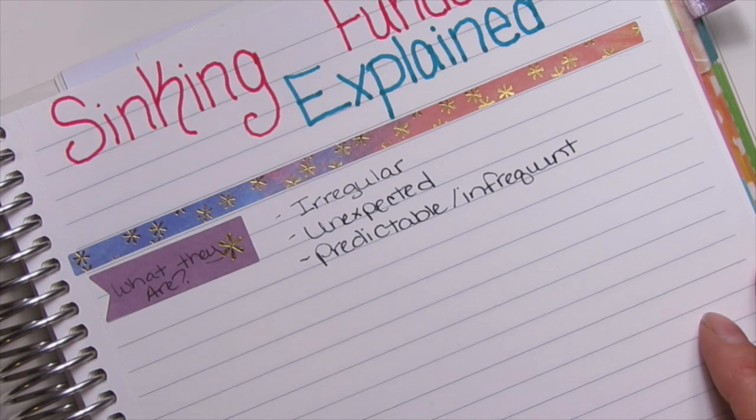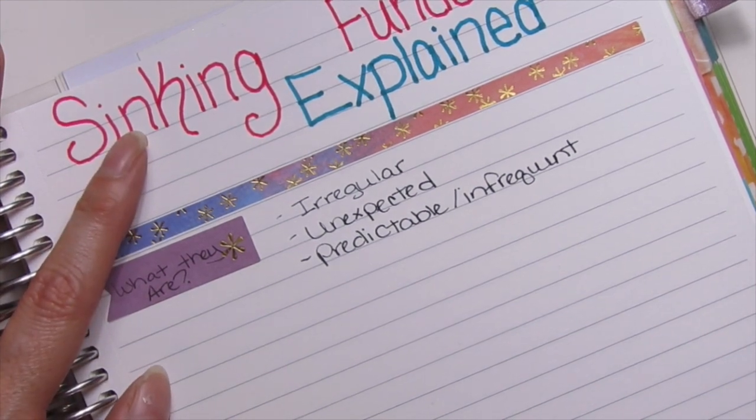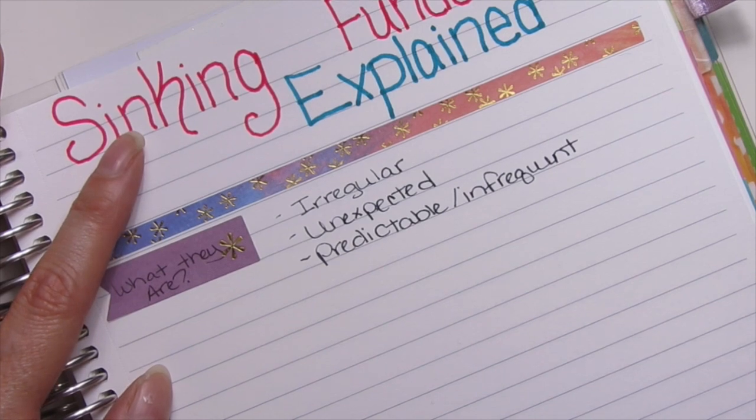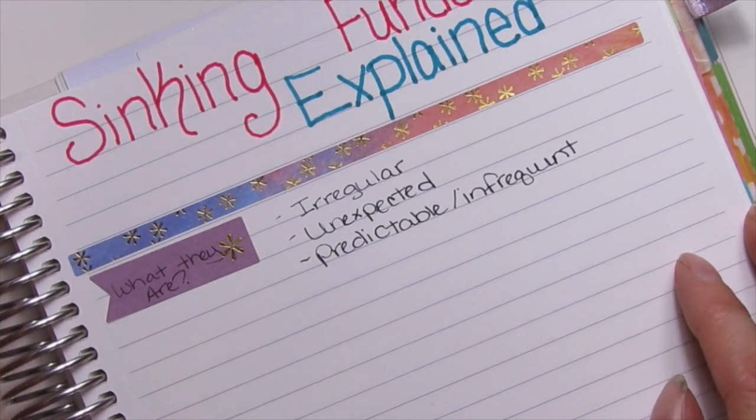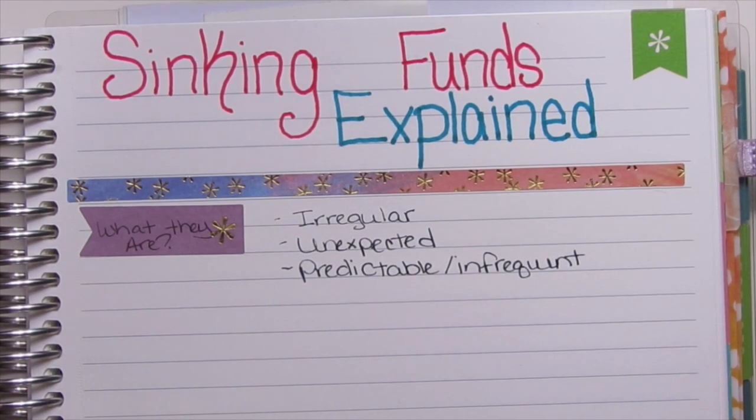So if you have a designated fund for gifts and you're adding to it every week, then when someone's birthday comes up or Christmas or Valentine's Day, anniversaries, whatever it may be, you're able to just pull that money straight from that gift fund to use towards that infrequent purchase, and you don't have to pull from your regular paycheck or put yourself into debt or use a credit card to make those purchases. So sinking funds are just a way to be prepared for irregular, unexpected, infrequent, and sometimes predictable purchases.